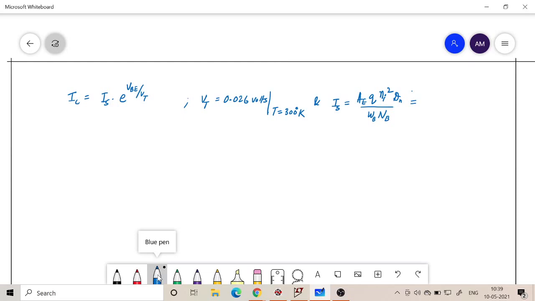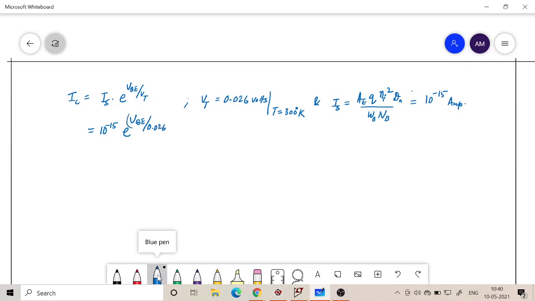Now a typical value of this IS is 10 raised to minus 15 amperes. If you put in these values, our expression becomes 10 raised to minus 15 e raised to VBE, whatever is the voltage that we apply across the base emitter forward bias voltage, divided by 0.026.